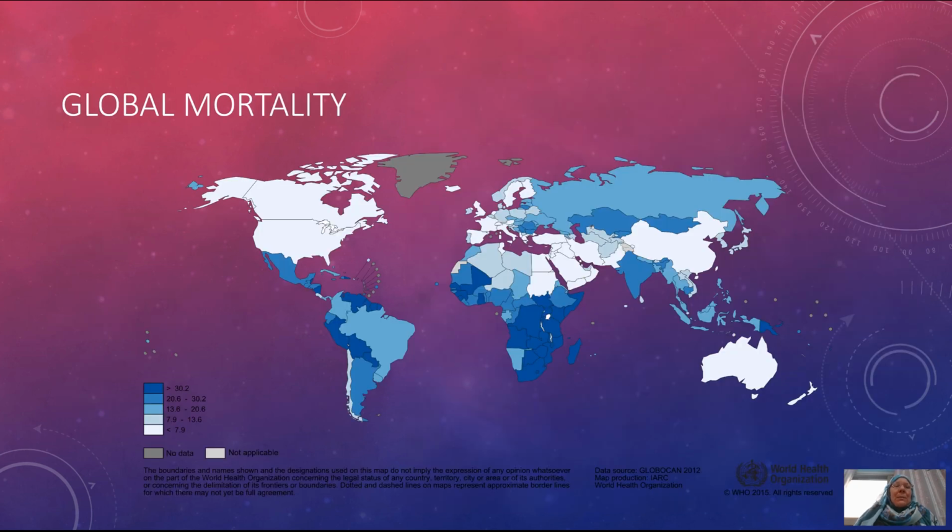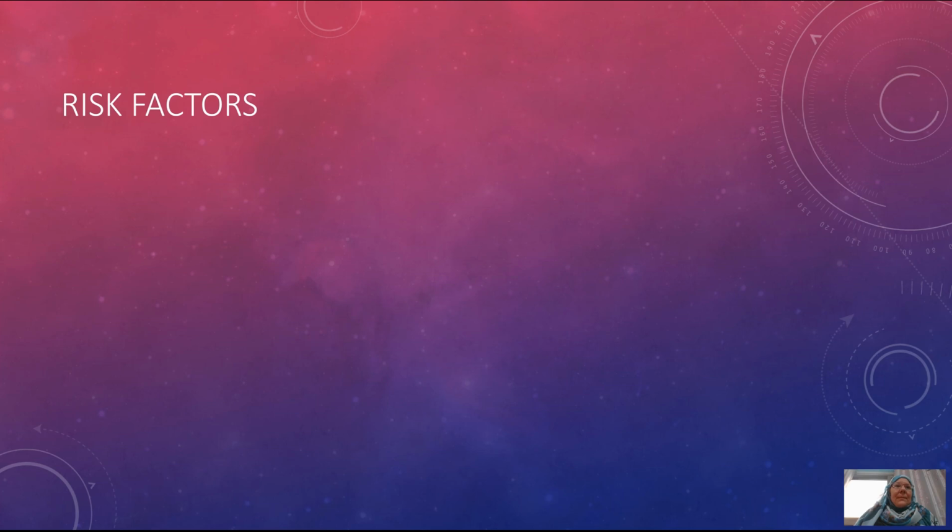This is a figure published by the WHO, and the darker the shade of blue, the greater the mortality of cervical cancer in those specific countries. We can see that in sub-Saharan Africa in particular, it is much higher than in other places of the world.